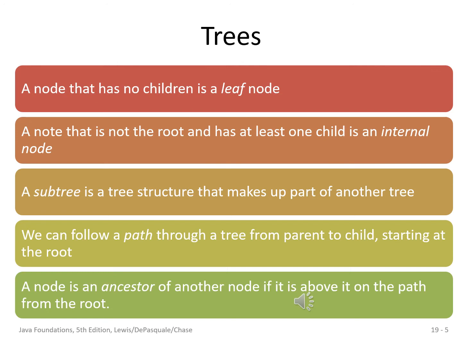A subtree is a tree structure that makes up part of another tree. And we can follow a path through a tree from a parent to a child starting at the root. A node is an ancestor of another node if it is above it on the path from the root.